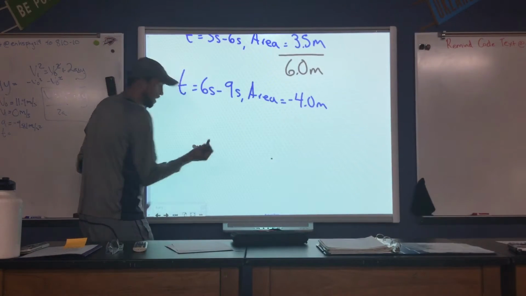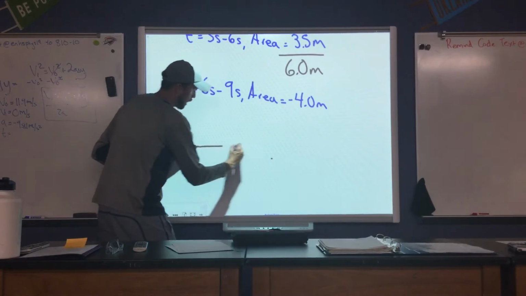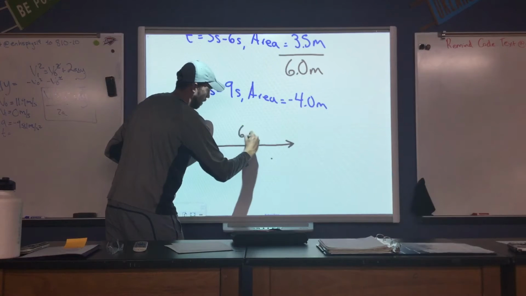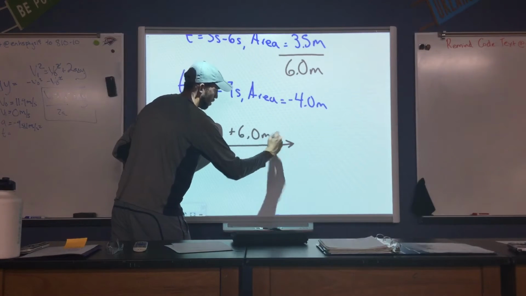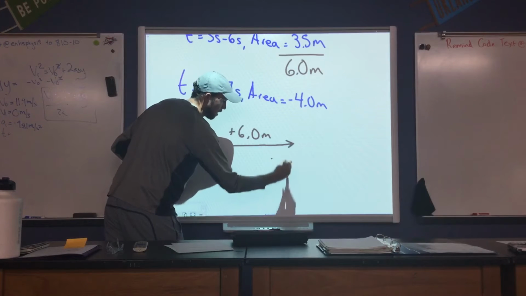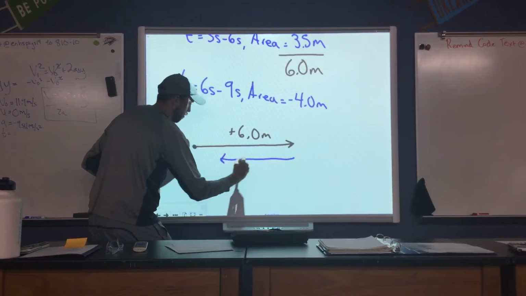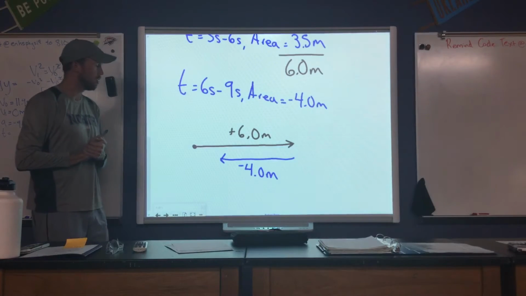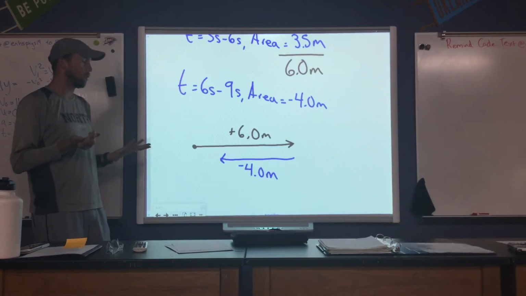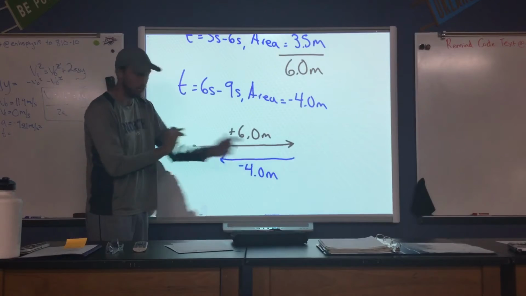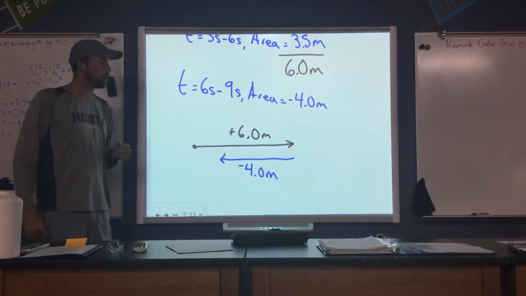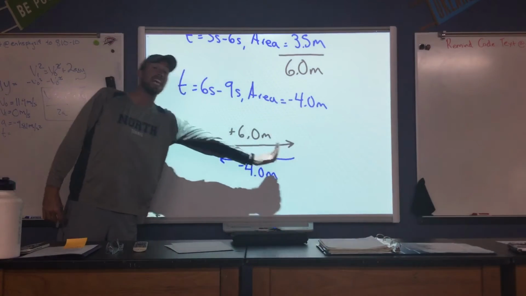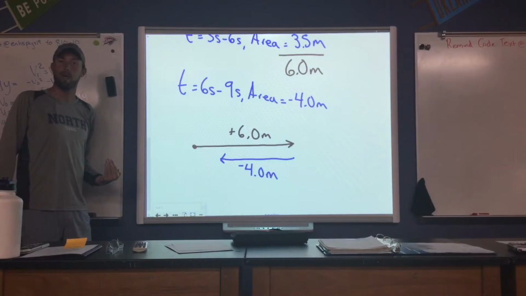We start at some initial position, I go out 6 meters, we'll call that a positive 6 meters, and then I come back 4 meters. Do I return back to where I started? Well, no. In order for me to return back to where I started, again, obviously not drawing to scale, I would have to travel at least 6 meters in the negative direction.